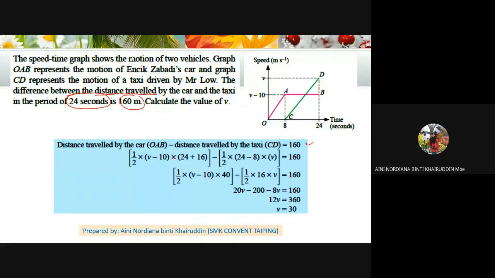This one for OAB, the pink color, and this one for CD, green color. So this is the area of triangle, and this one area trapezium. Then calculate, you get V equals to 30.